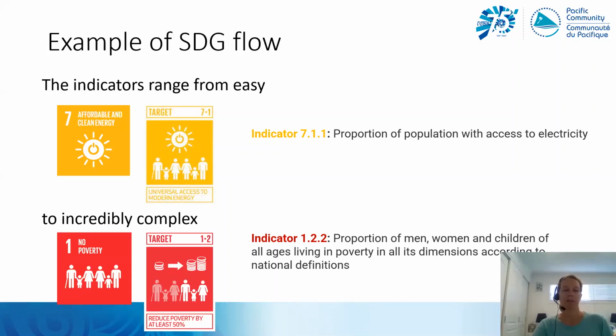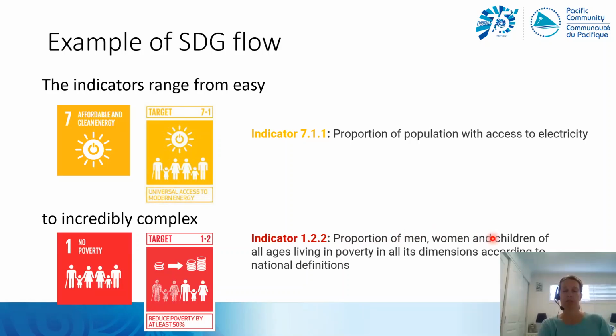But the indicators can also be incredibly complex, like this one from Goal 1. So again, the goal is no poverty. The target now is to reduce poverty by at least 50%. So we see we've switched to a target where we're going to need at least 2 data points because we have to have a baseline and then we have to say, have we achieved reducing that by at least 50%? And the indicator itself, we say proportion of men, women and children.